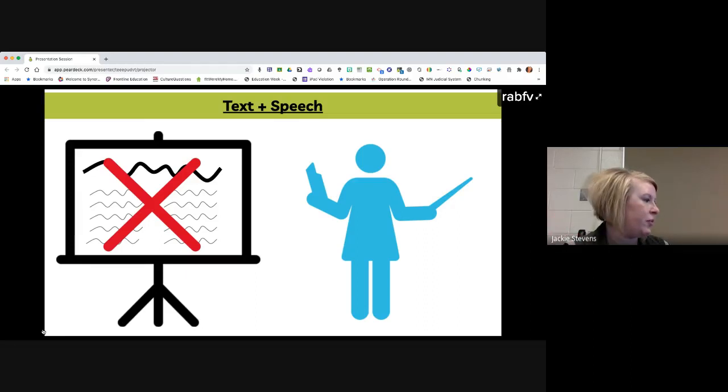And so when you put a bunch of text on a slide, that makes it really difficult because the students are trying to read it and you are trying to explain it, and they have 2 forms of verbal words going in their head at one time. Basically, the way the brain works is that silent reading isn't really silent.